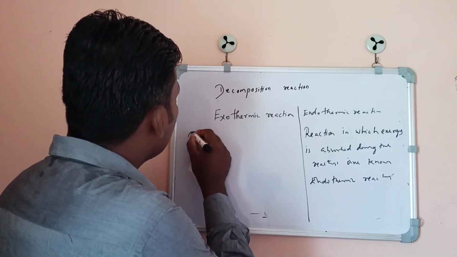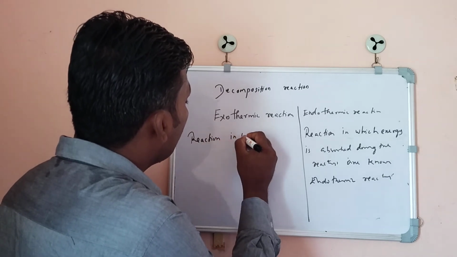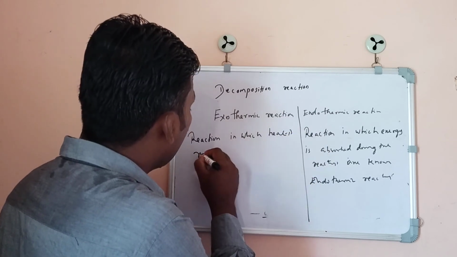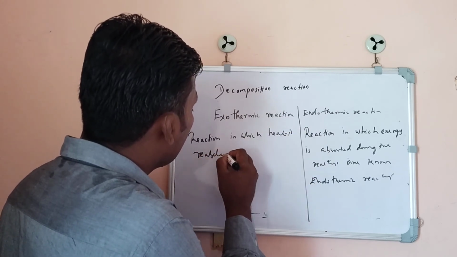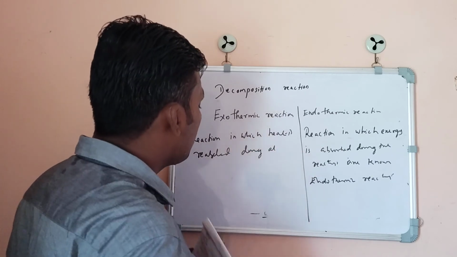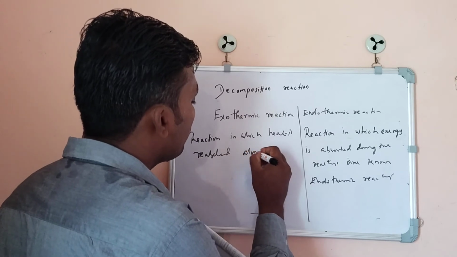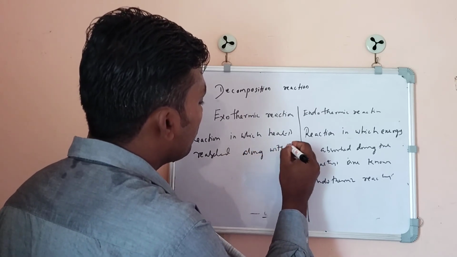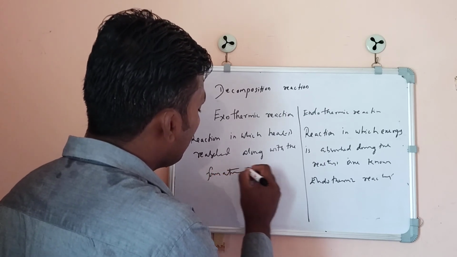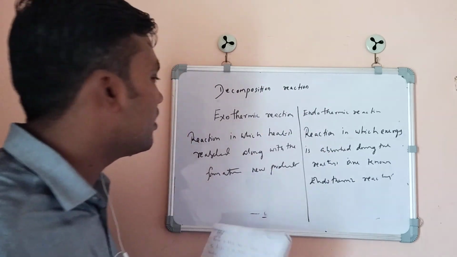A reaction in which heat is released during the reaction, along with the formation of a new product, is called an exothermic reaction.